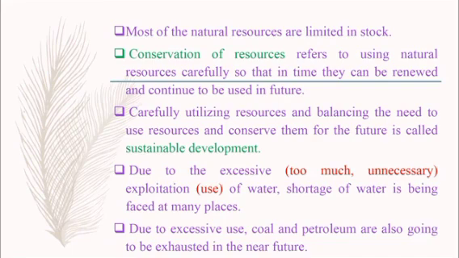Due to the excessive exploitation of water, here exploitation means use, so due to the excessive use of water, shortage of water is being faced at many places. Due to excessive use, coal and petroleum are also going to be exhausted in the near future.